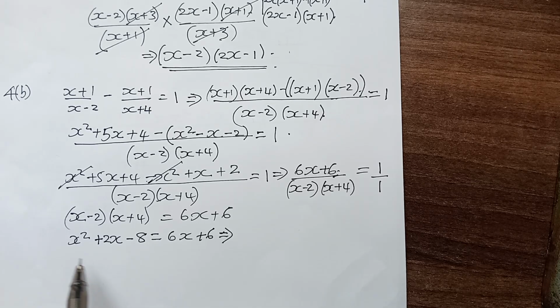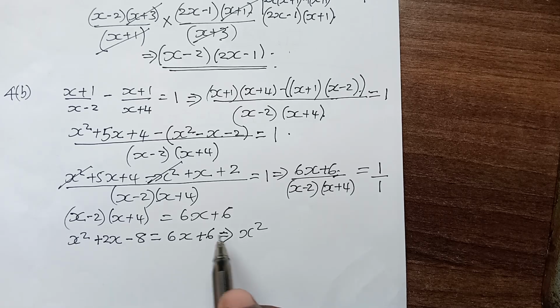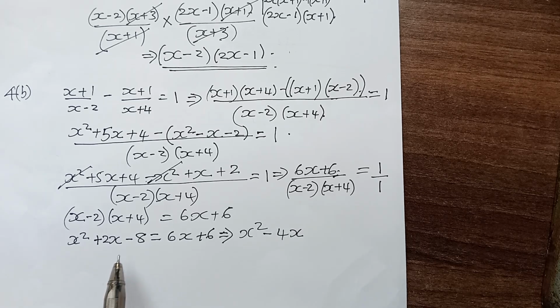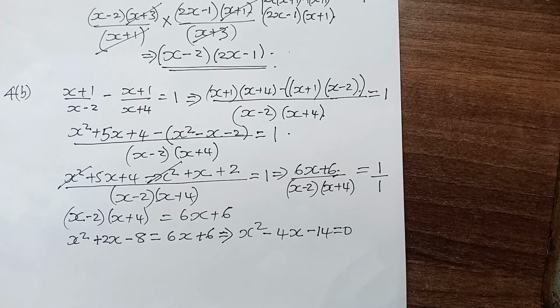So eventually we are going to have x squared, because there's no other x squared on the right, plus 2 minus 6, minus 4x, and then minus 8 minus 6, minus 14, is equal to 0.